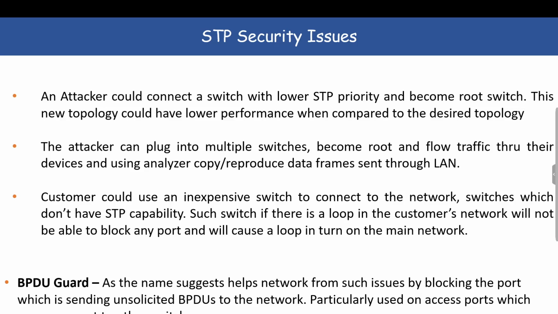We don't want certain ports, like for example access ports, to send us BPDUs. If we assign a port as an access port, that means an endpoint client is going to be connected to it, so there is no point of BPDUs being sent on such ports. BPDU Guard is what we can use to overcome these simple security issues in the network.